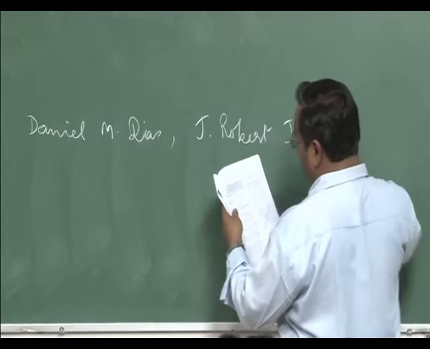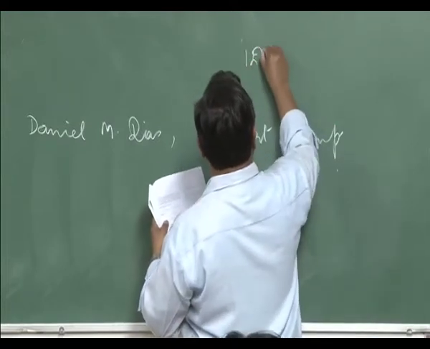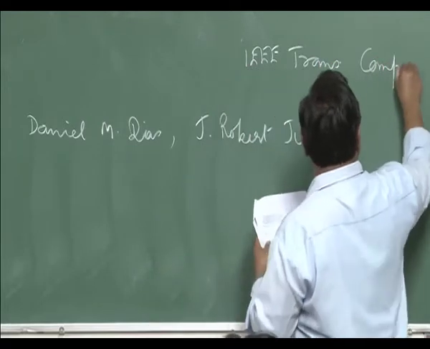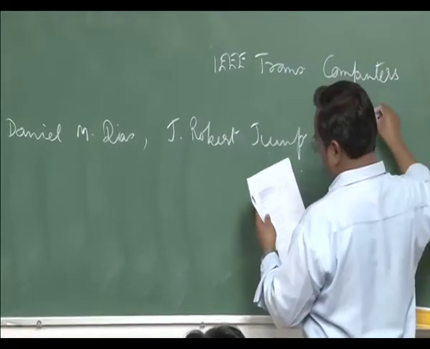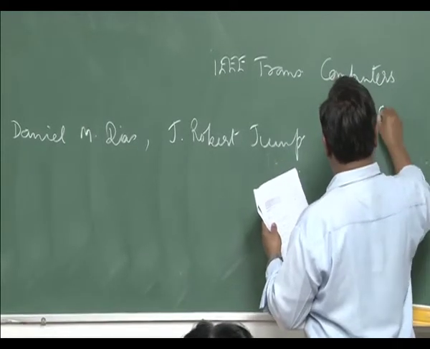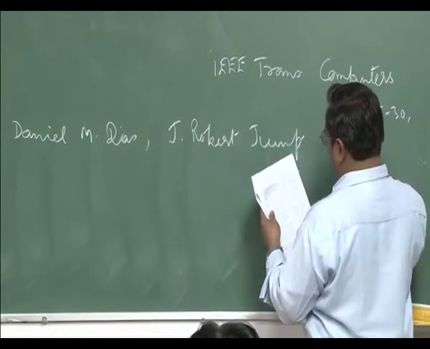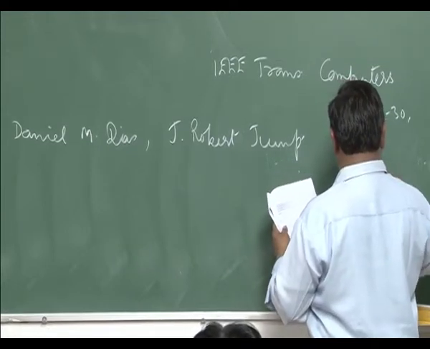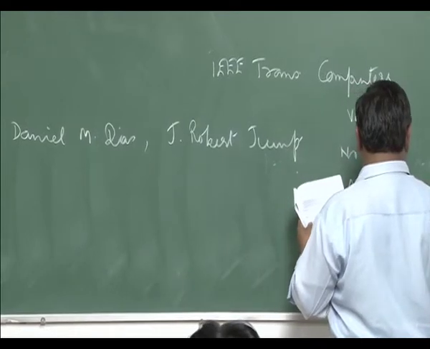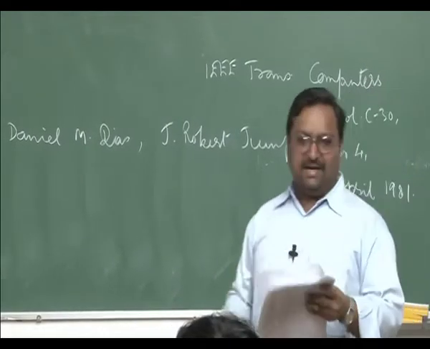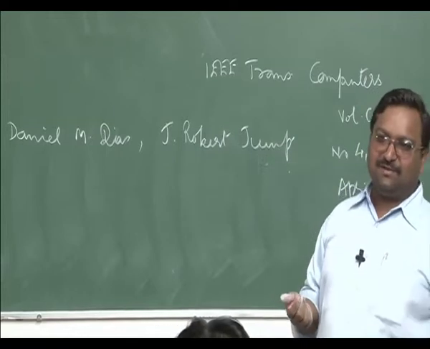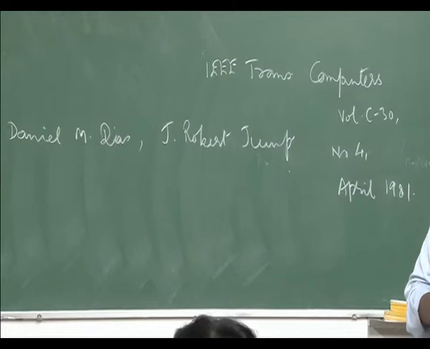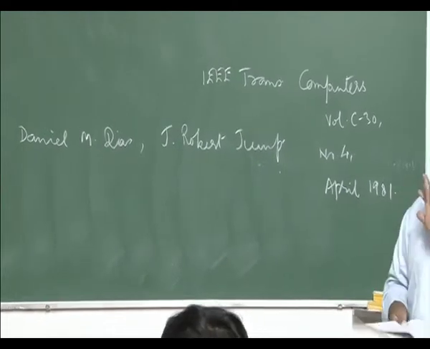This is IEEE Transactions on Computers. I like this one because it actually tells for the first time the complete details before you start doing the simulation part, and theoretically also an analysis can be built for this, that's one good thing.